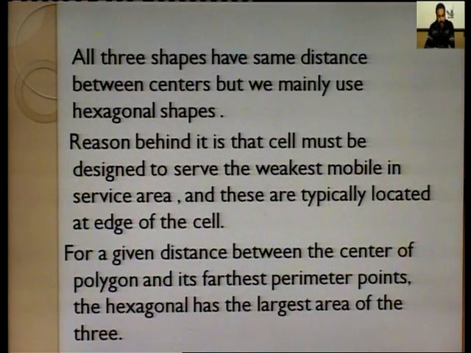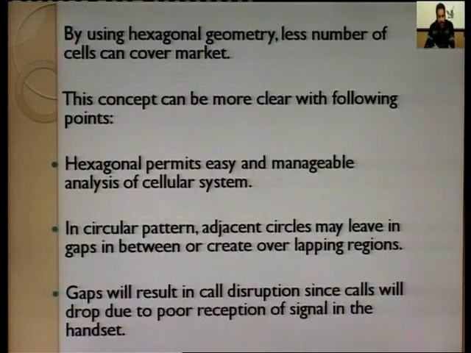Now, for a given distance between the center of a polygon and its farthest perimeter points, the hexagon has the largest area of the three. In this case, if we consider the distance from the center to the edge, the hexagonal shape is best. Here all the points have the same distance from the center. The circle is even better, but we will see the disadvantage of circles.